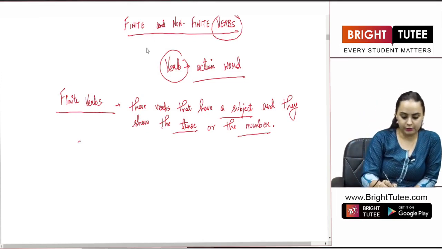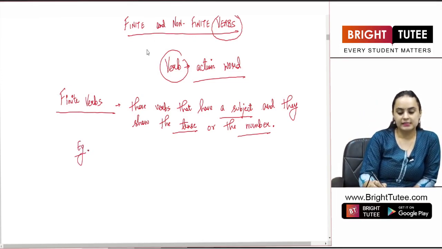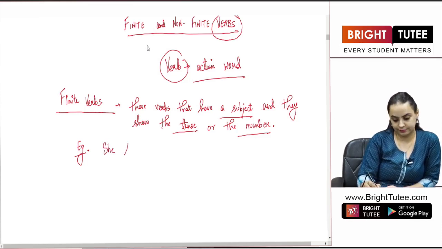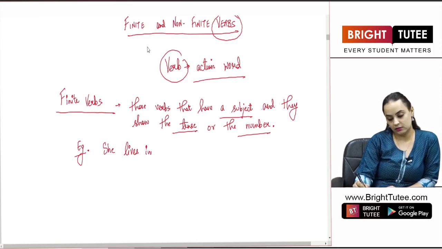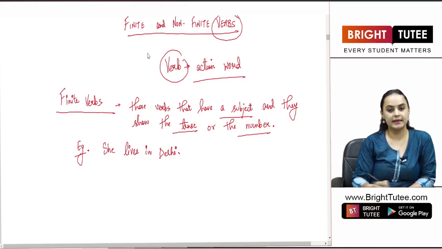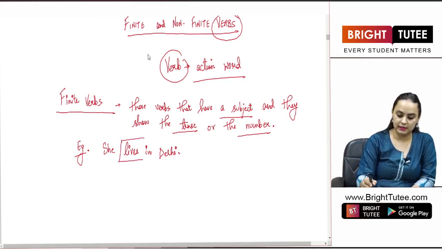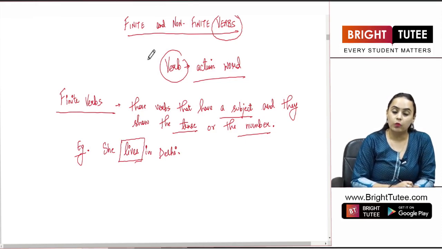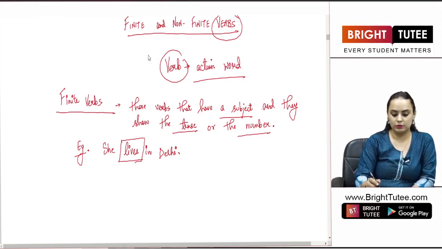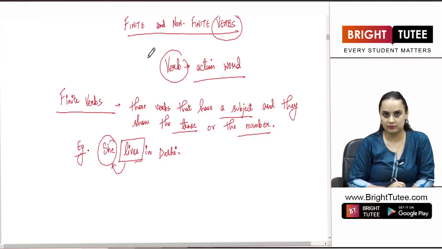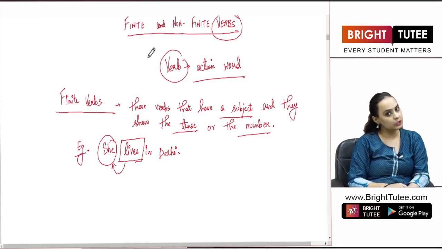For example, a sentence like: She lives in Delhi. What is my verb in this sentence? Lives. For what subject is this verb used? She. So she is the subject for which this verb is being used.